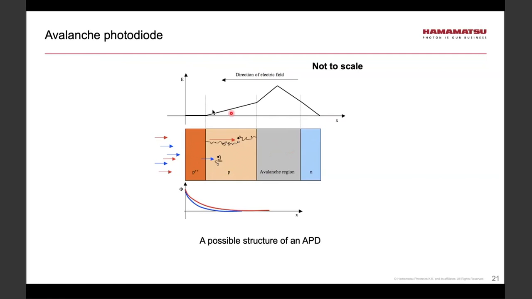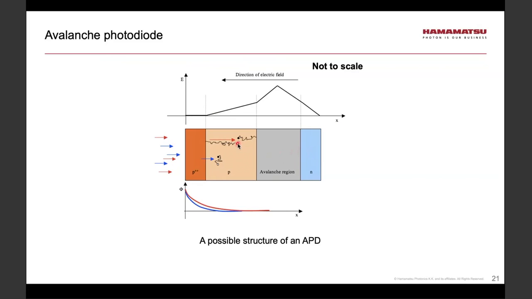At the top, we have the profile of the electric field. Please note that the electric field is not zero here in this region, but smaller than in the avalanche region. So it is advantageous that when light comes in, it creates an electron-hole pair not in the avalanche region, but outside of it, either on the left-hand side as shown here, or on the right-hand side, not shown.